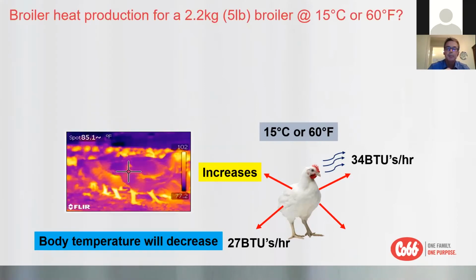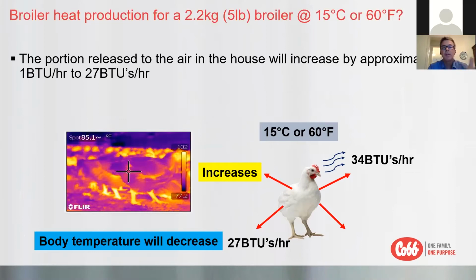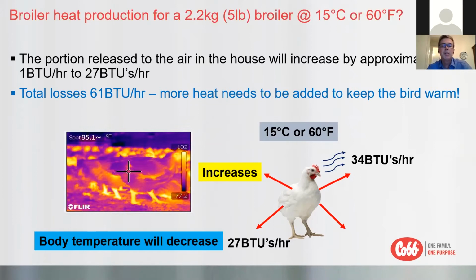If the temperature drops in the house, in this example, we're looking at 15 degrees C environmental temperature, it still will produce 34 BTUs per hour in the evaporative tract. It's going to produce that amount of energy. But because the temperature around the bird has now dropped, it's going to lose more heat. And in this experiment, it lost an extra BTU.